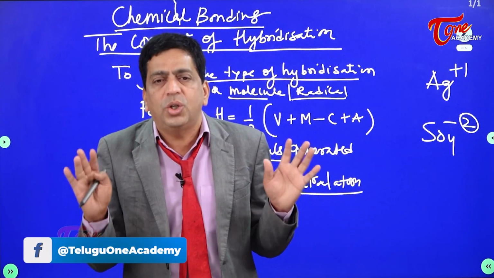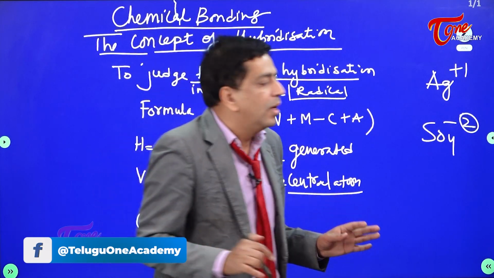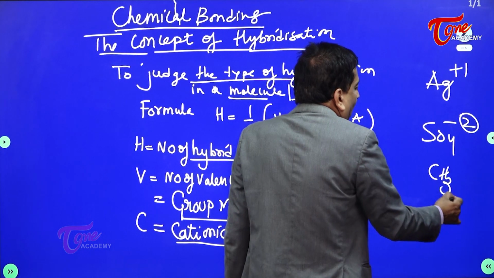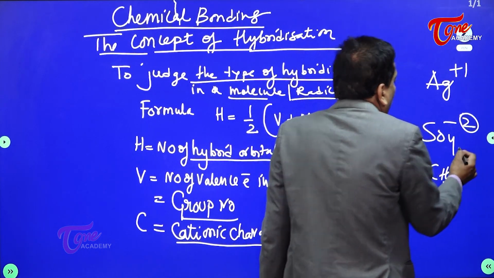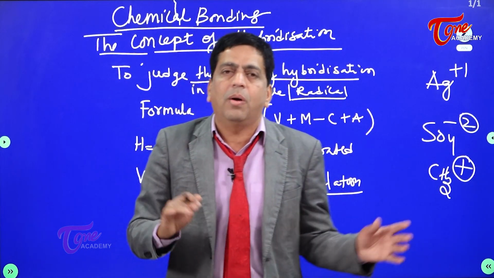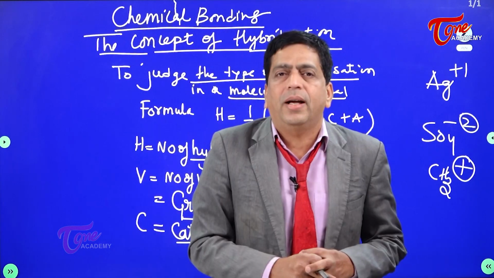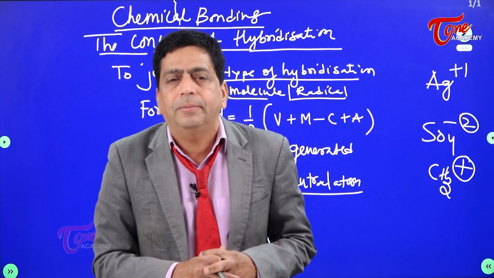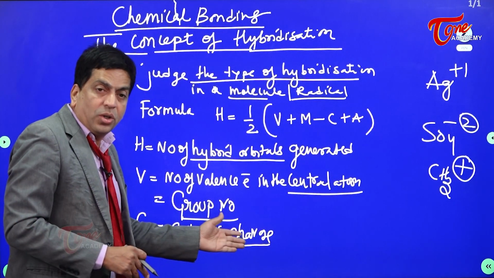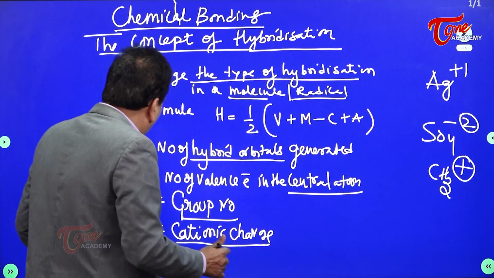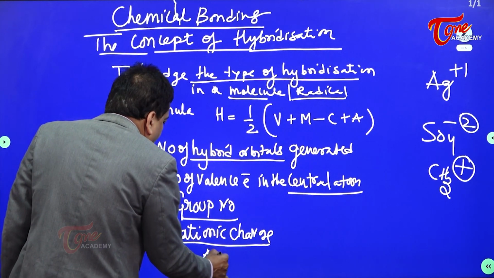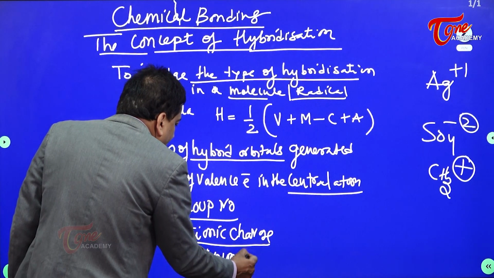I need only the charge, not the sign, please. The charge on CH3 plus is only 1, not +1. Don't write that. You need to put only the charge and not the sign. So C is the cationic charge, only charge please. And A is again the anionic charge.